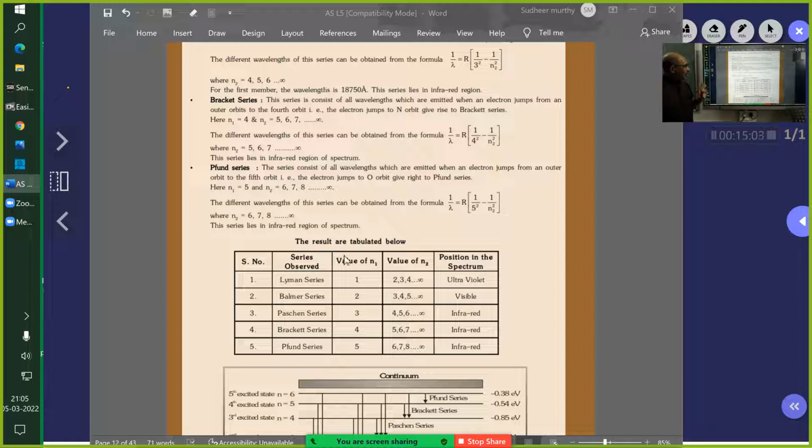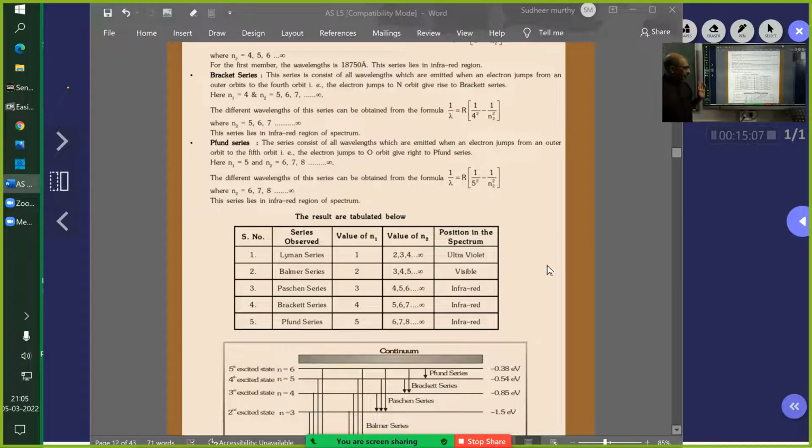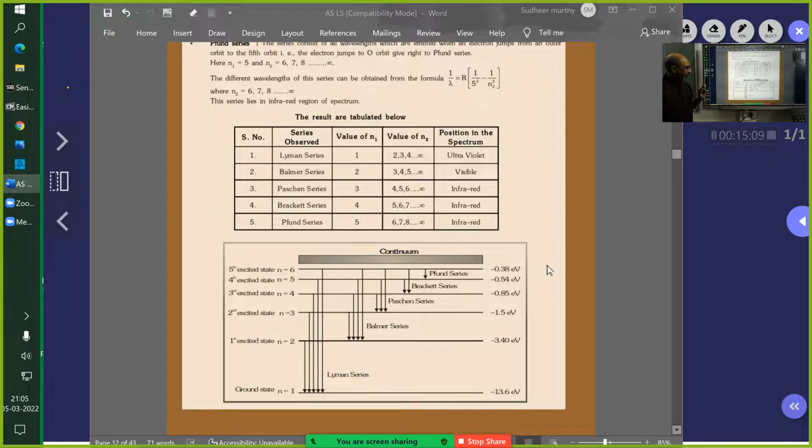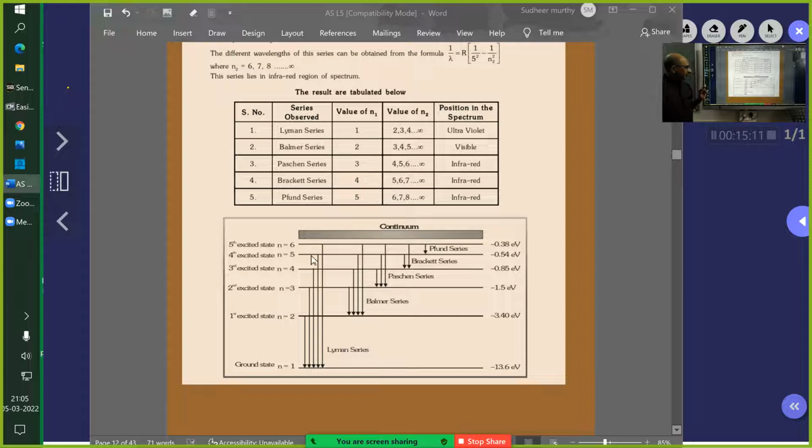All this, whatever we have written, is put into a nutshell here. And then, of course, this is called the energy level diagram. This is also known to you. In theory examinations, they can ask you what the energy level diagram is. Mentioning 13.6 and minus 13.6 is very important.